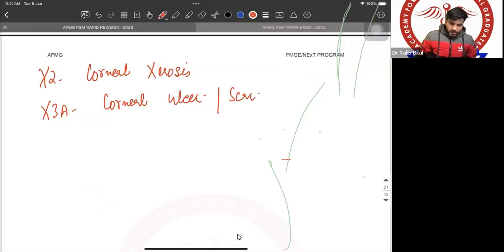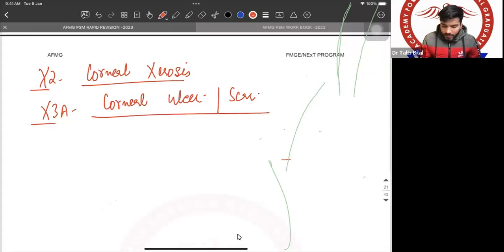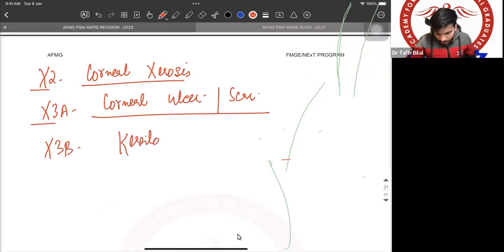So deficiency of vitamin A causes xerophthalmia, and WHO has this X for xerophthalmia. The primary signs that we are going to discuss: X2 for corneal xerosis, X3A for corneal scar or ulcer, X3B for keratomalacia.